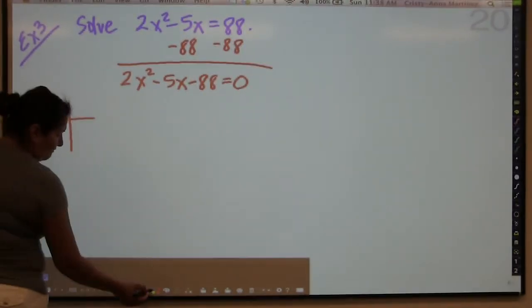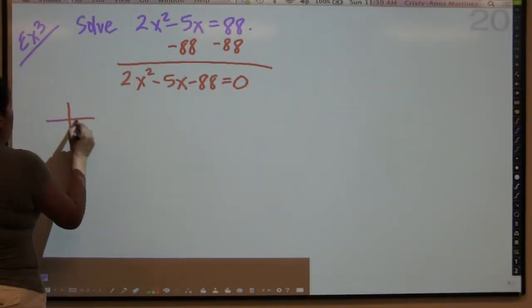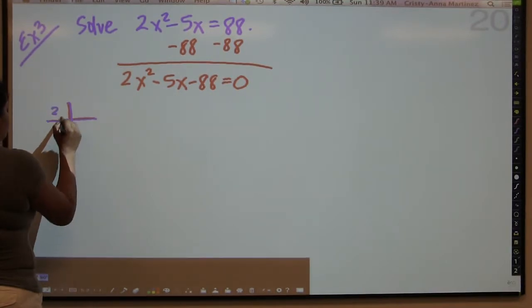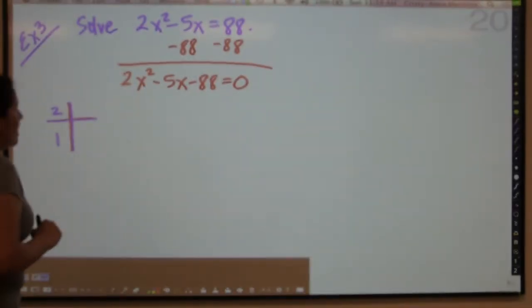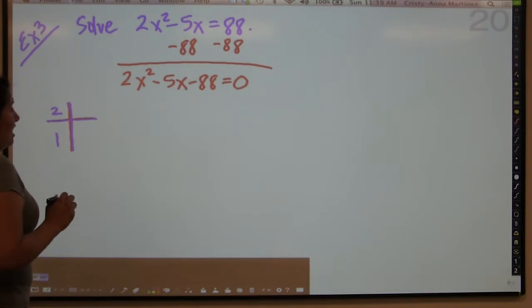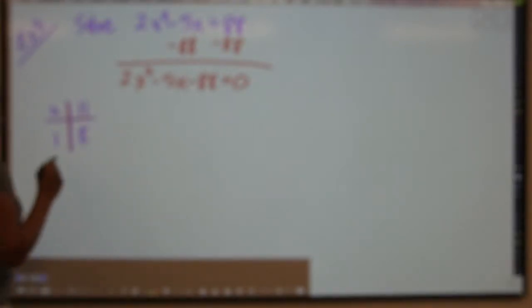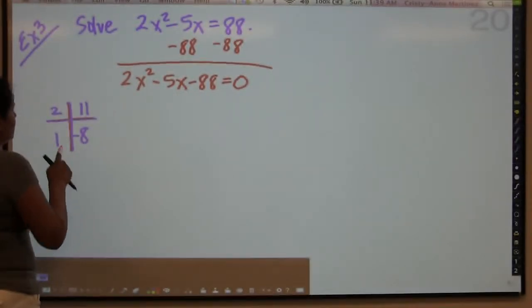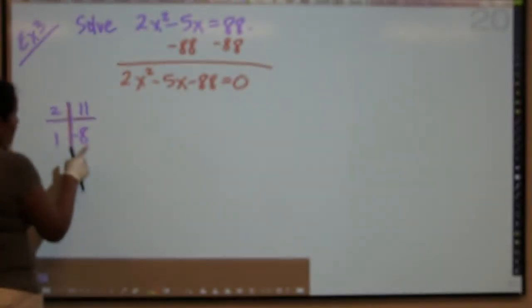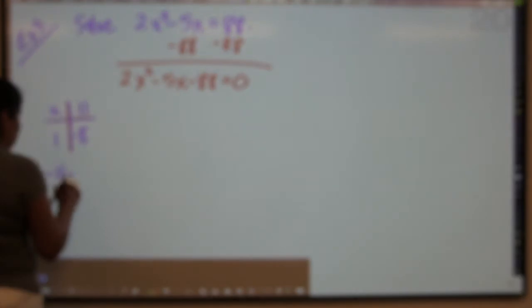All right, so we're going to try that here. The factors of 2 are 1 and 2, or 2 and 1, whatever. And then for 88, I think I'm going to try 11 and 8 and see what happens there. Make this negative maybe. So 2 times negative 8 is negative 16.